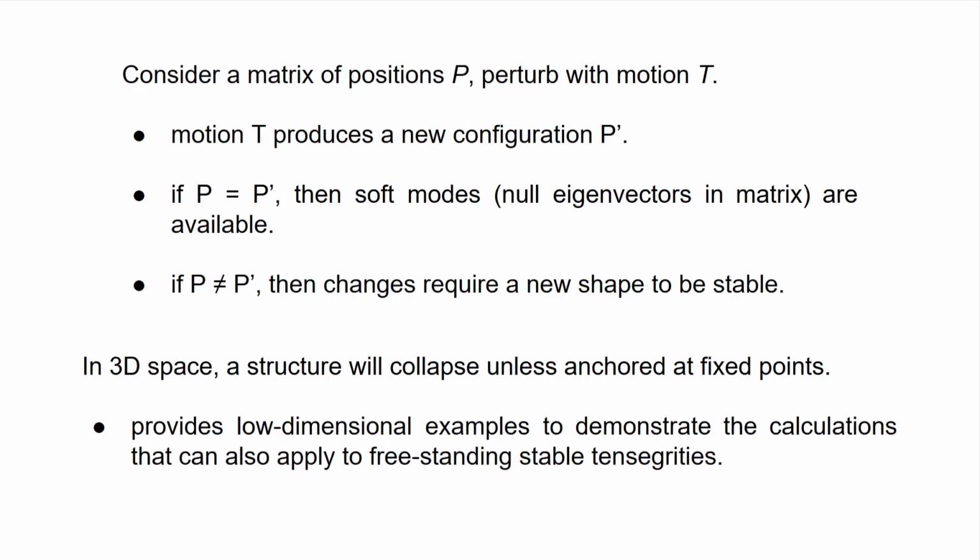So basically, we have this matrix of positions P. We introduce this perturbation, motion T, and that produces a new configuration P prime, where maybe some of the positions are displaced. The point is that if P equals P prime, or sometimes you could say equivalent, which is if you add another bar to this symbol, if P is equivalent to P prime or P is equal to P prime, basically if there's no effect of the motion, or if the effect of the motion basically turns P prime into an equivalent topology.